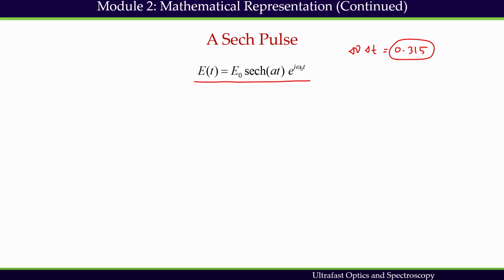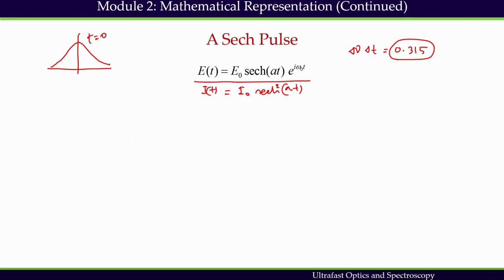We know that this sec hyperbolic function is centered at t equals 0. So if this electric field looks like this, then the intensity profile can be written as I naught sec hyperbolic square of a t.